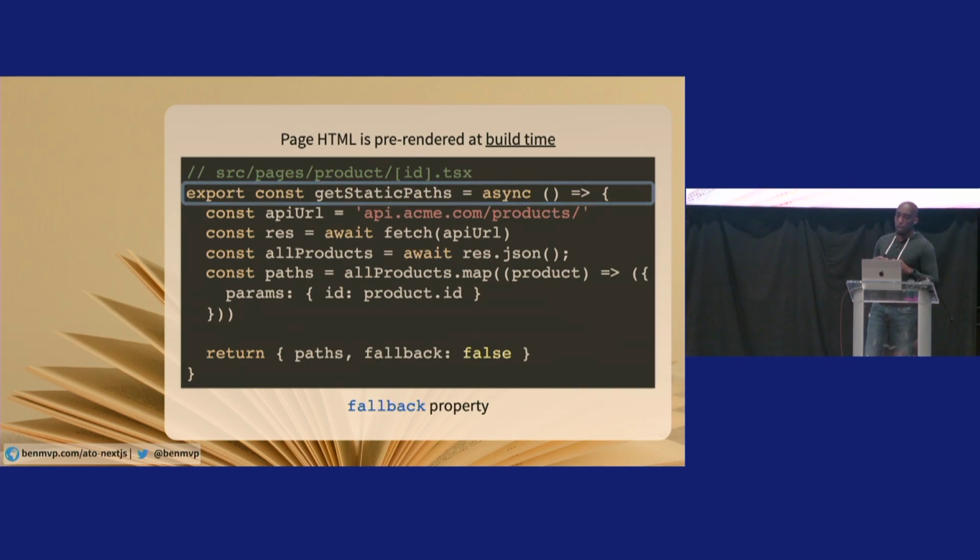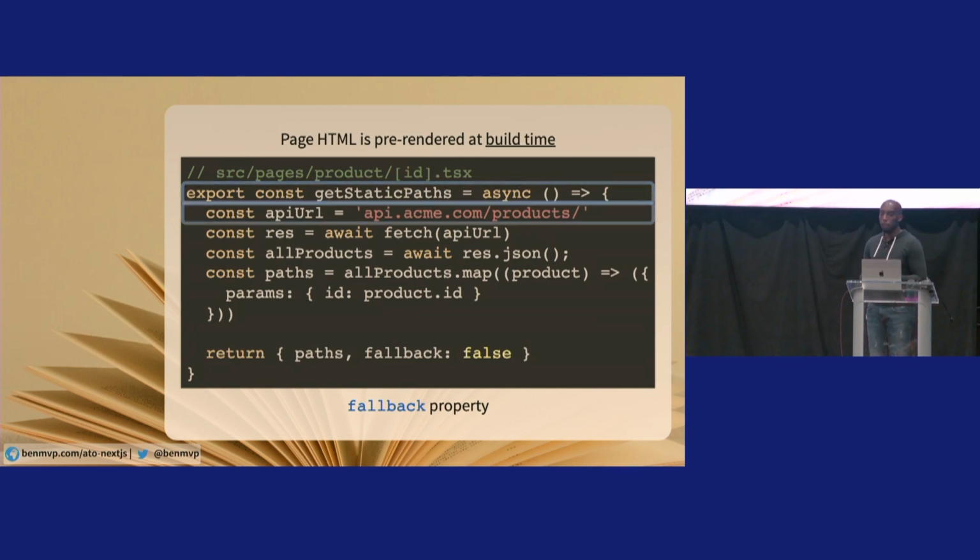So the way to do our dynamic page here, because we're going to be getting different HTML pages for different product details pages, is to first export this function called getStaticPaths. Its goal is to basically tell Next, what are all the pages I need to generate? So there'll be Acme hoodie.html, Acme shirt, Acme shoes, all of these different HTML pages that need to be pre-rendered before the server starts.